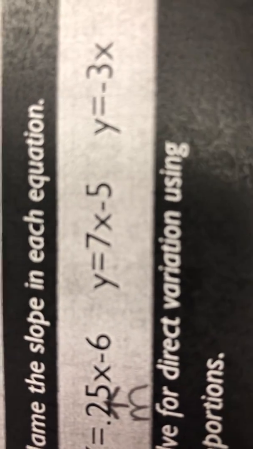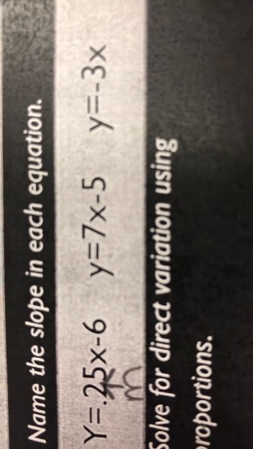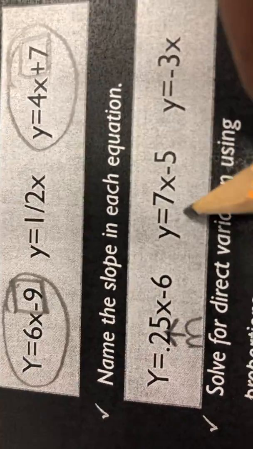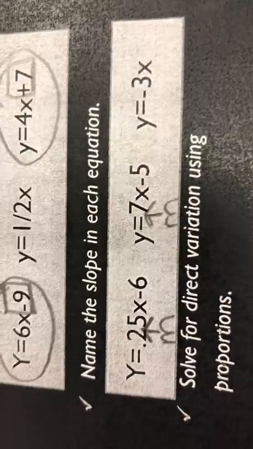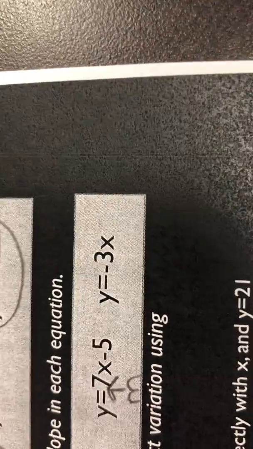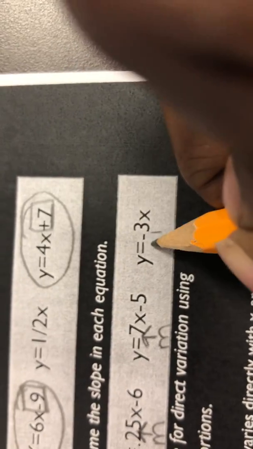There's your slope. What about for this middle one? It's going to have to be the 7. And for this last one right here, where it says y equals negative 3x, it's got to be this negative 3.